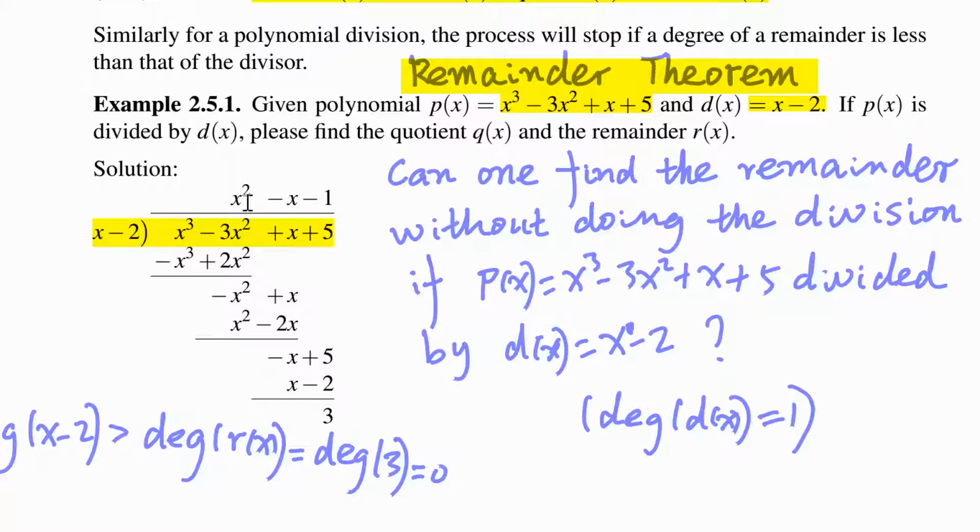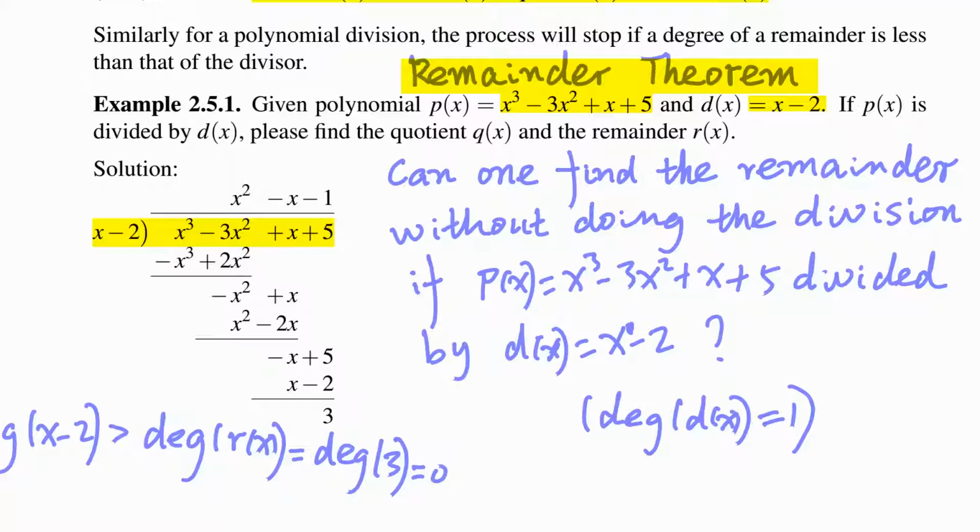And then x squared times negative 2x, we should get negative 2x squared, but I put the opposite because the polynomial upstairs needs to subtract the one downstairs. That's why I put the opposite sign right here.